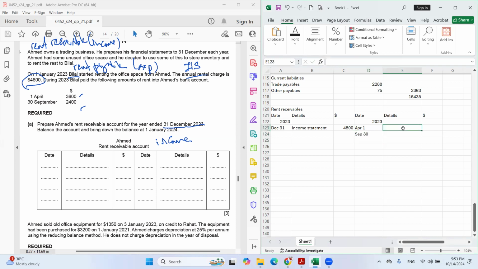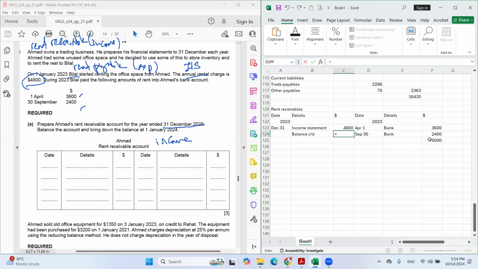So these 2 dates must both be put as bank. The amounts are 3,006 and then 2,004. You notice that the total on the credit side is more than the debit side.